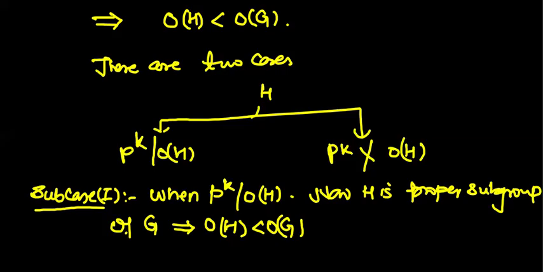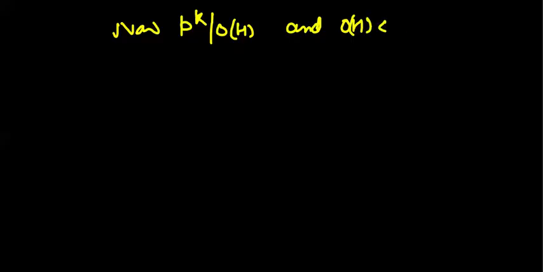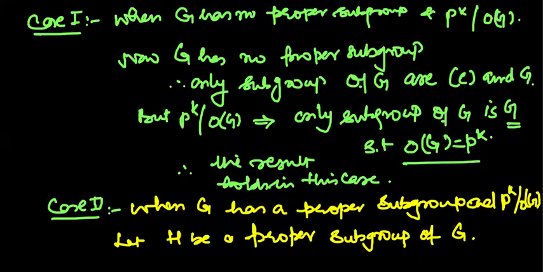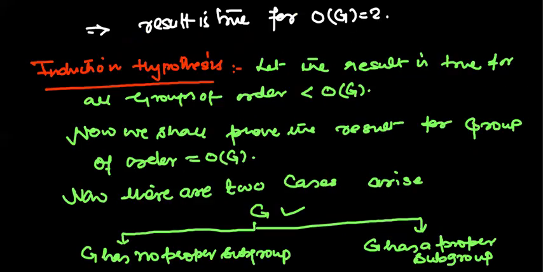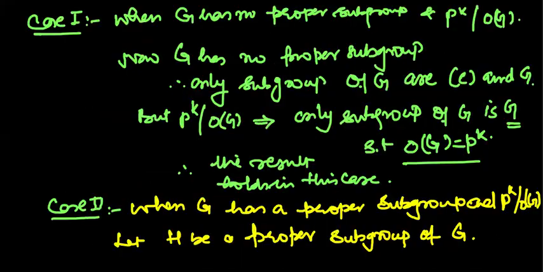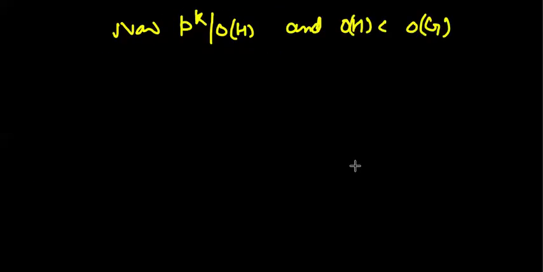So we can use the induction hypothesis. p^k divides the order of H and the order of H is less than the order of G. The induction hypothesis says the result is true for all groups of order less than the order of G. For all groups smaller than G, this result holds.